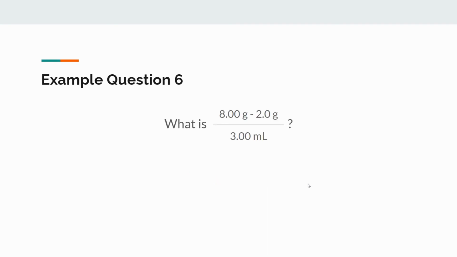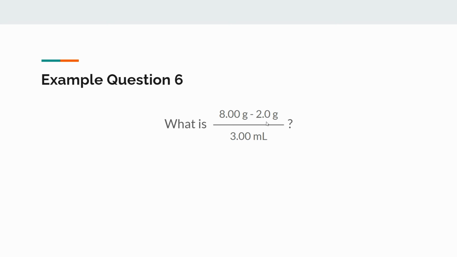So lastly, what is 8.00 grams minus 2.0 grams all over 3.00 milliliters? In order to figure this out, we'll have to use both the addition and subtraction rule as well as the multiplication and division rule. First, we have to look at the numerator. The addition and subtraction rule states that the answer should be rounded to the least number of decimal places.